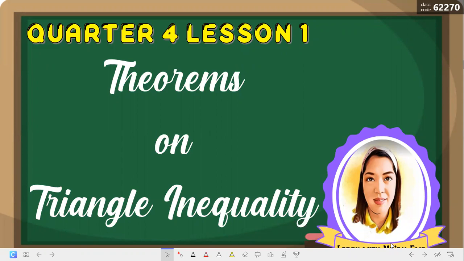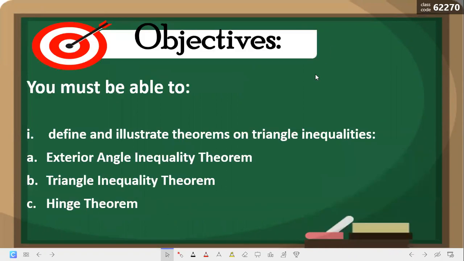Okay, so good afternoon. For today's video, we're going to discuss the theorems on triangle inequality. Let us just recall that we're going to discuss lesson 2, where we're now able to identify the theorems on triangle inequality. So let us start.